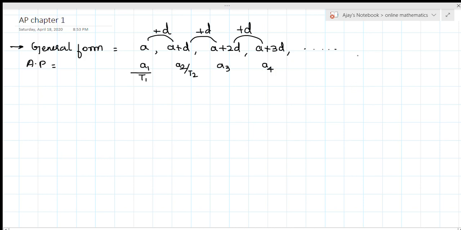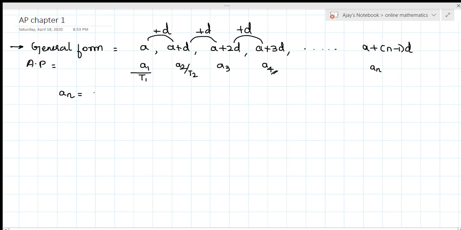So for the term A4, where the term is 4, it is a plus 3d. If the term is n, then we get a plus n minus 1 into d. So the first formula is an, which is also designated as tn.